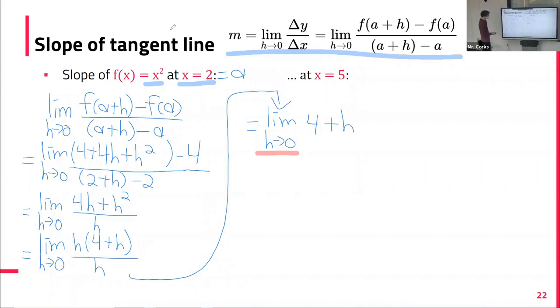What we do with the limits, so here we have this limit thing in front. Our goal here is to get rid of that. We don't want that limit. We want to actually be at the point where h is equal to 0. But here, if we do that, we are dividing by h, dividing by 0, math problem, so we can't do it. So we just don't touch the limit.